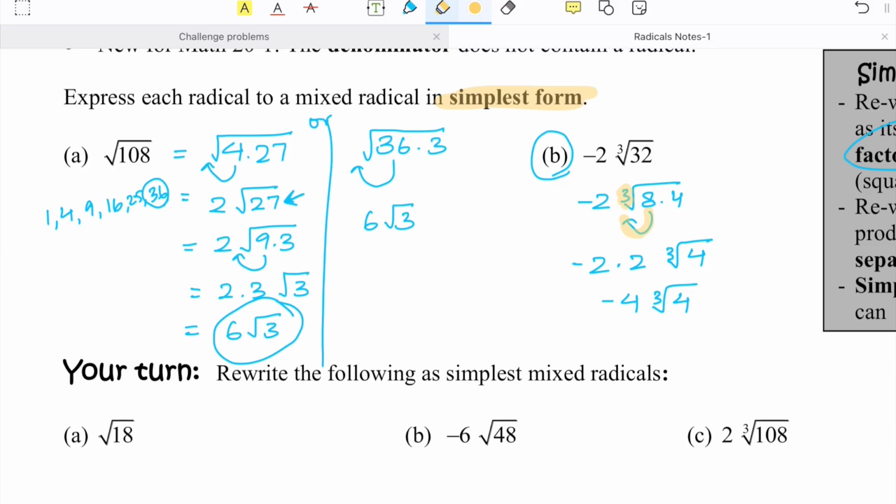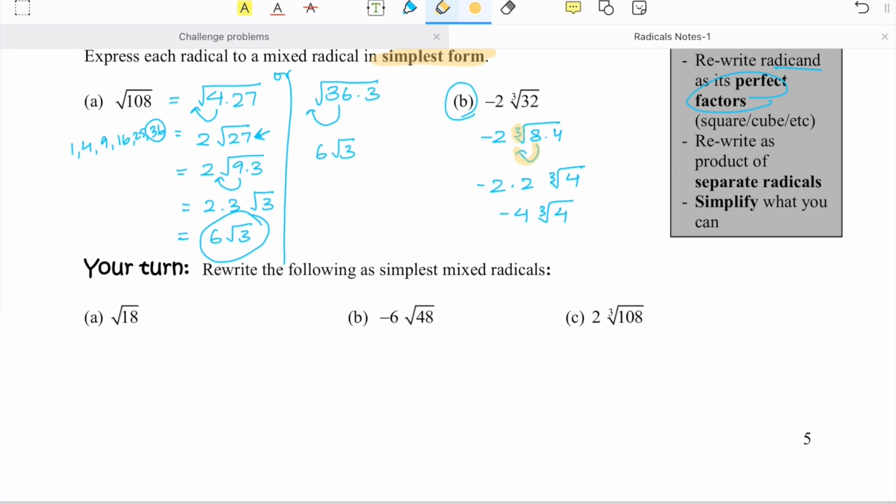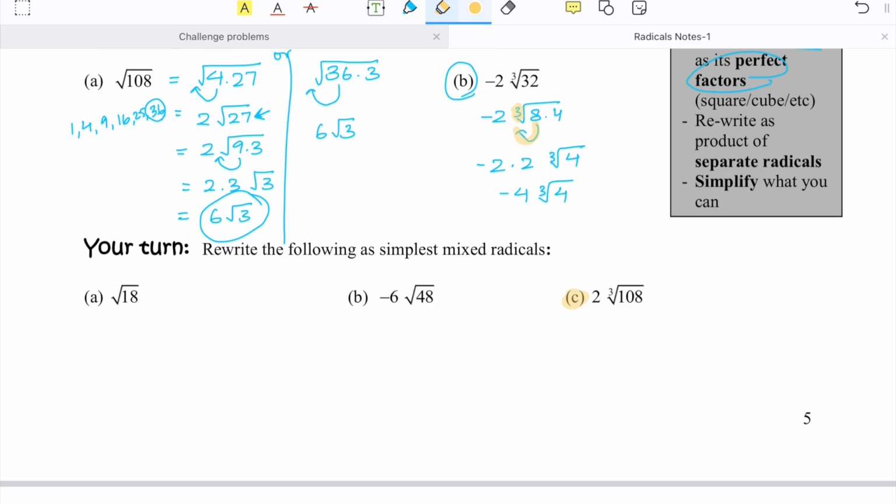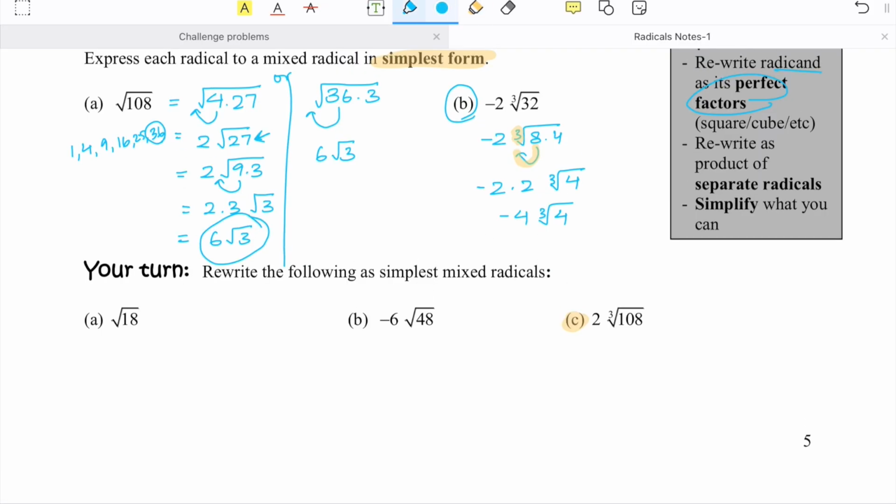Okay. I want you guys to try part C, and then we'll move on. So cube root of 108, what can we split it into? 27 and 4, yeah.